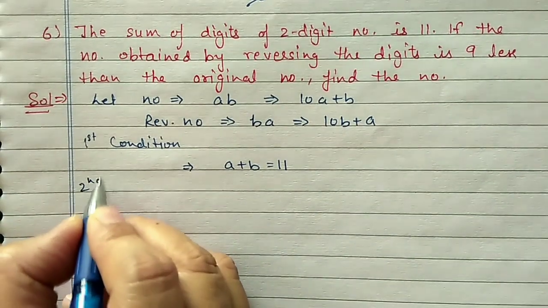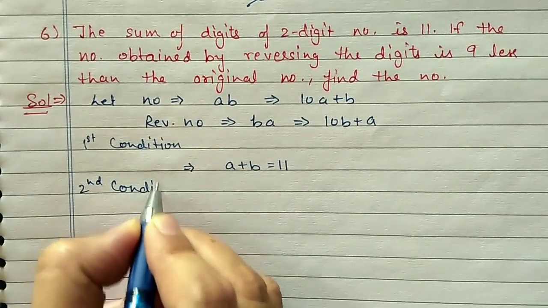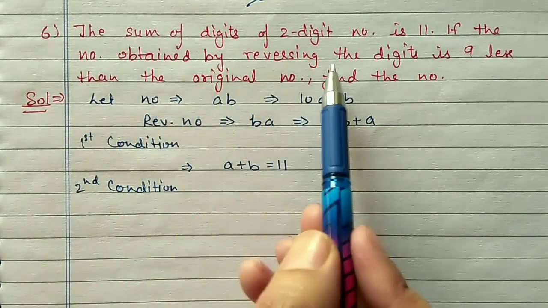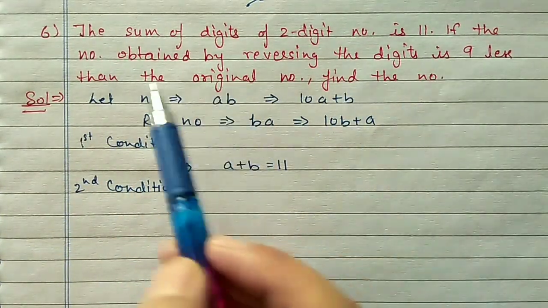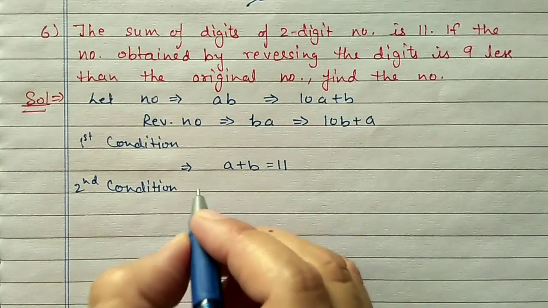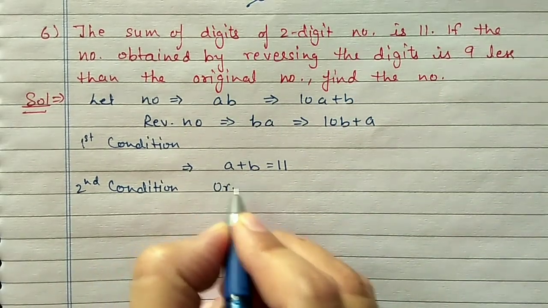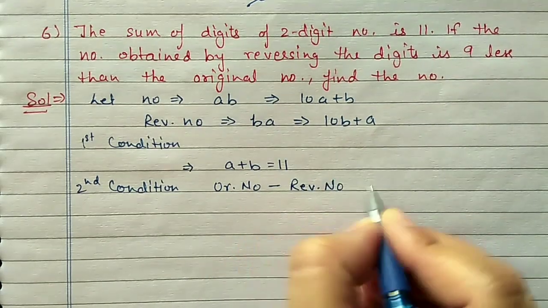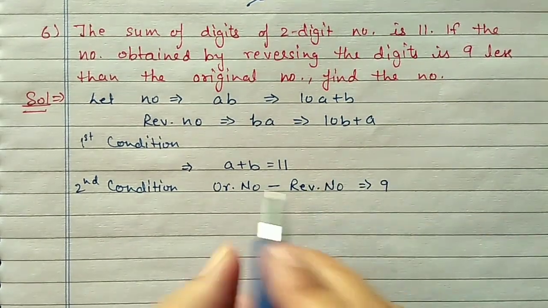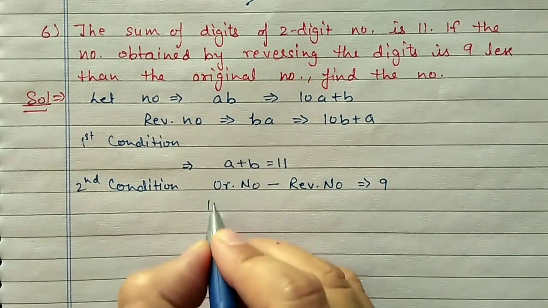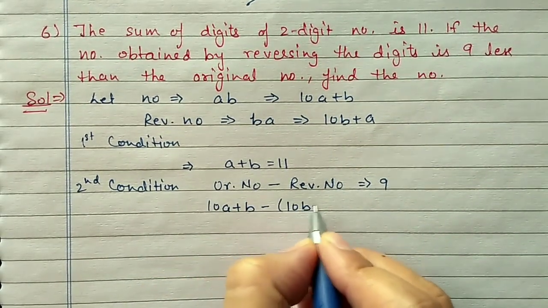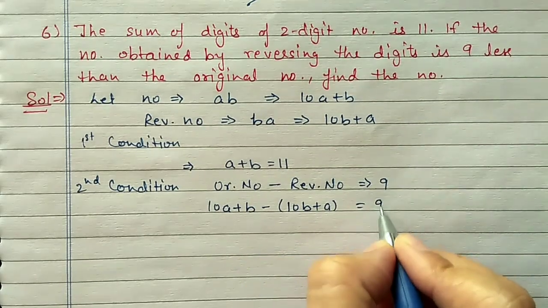Second condition is given, if the number obtained by reversing the digits is 9 less than the original number, means original number minus reverse number is equal to 9. So original number we have 10A plus B, minus reverse number 10B plus A, is equal to 9.